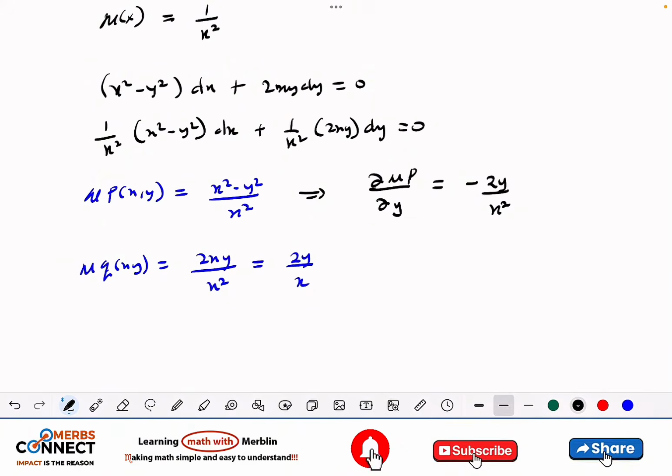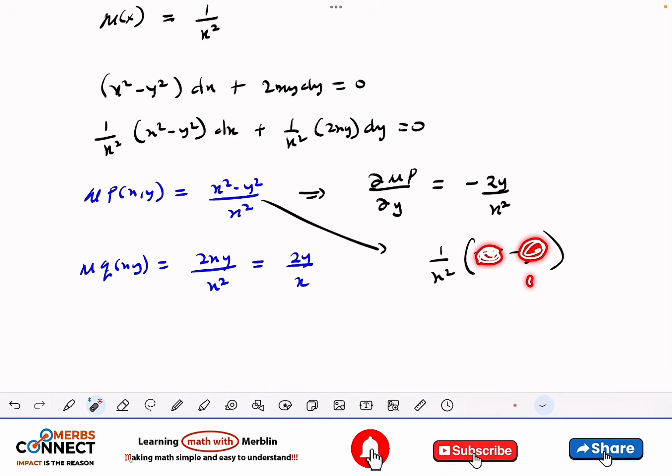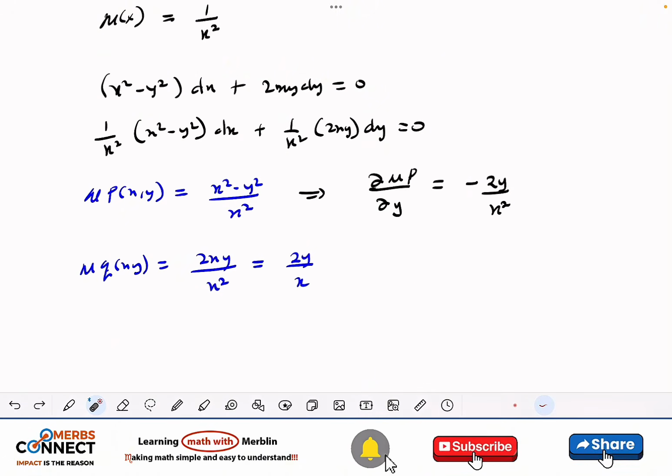This is the quotient rule, but this one is partial, right? I can write this one as 1 over x squared times (x squared minus y squared). Now this is a constant multiplying the function. The constant, which is 1 over x squared, stays here. When I differentiate x squared, I'll get 0, and when I differentiate the y squared term, I'm going to get minus 2y. Then I multiply by the constant. So pay attention to differentiation here.